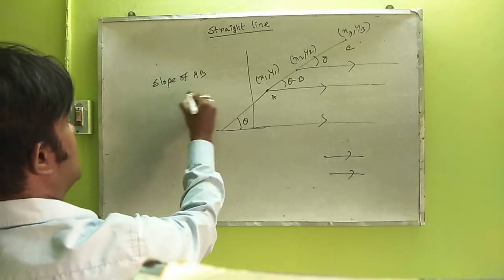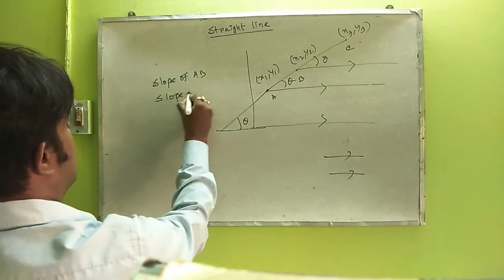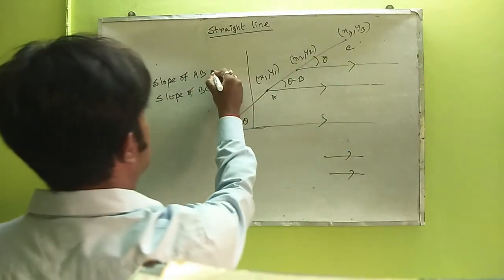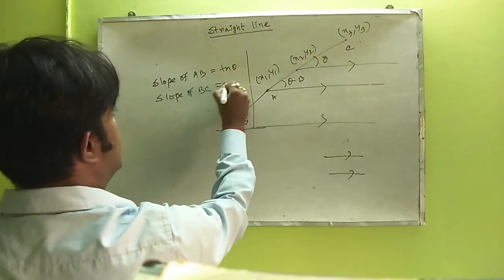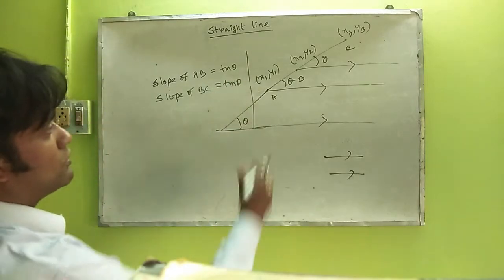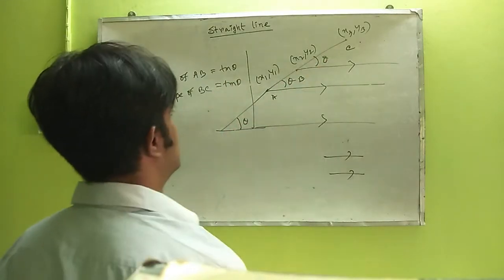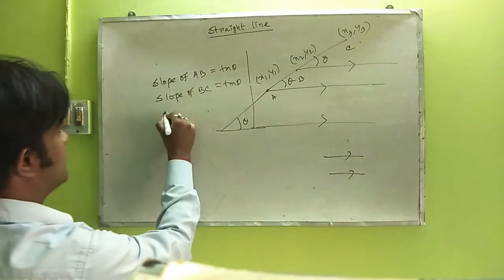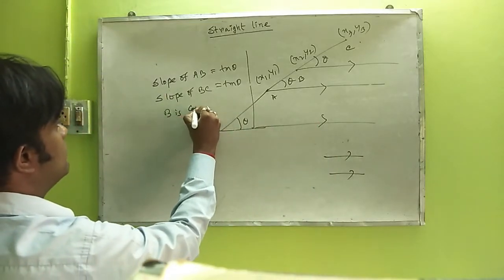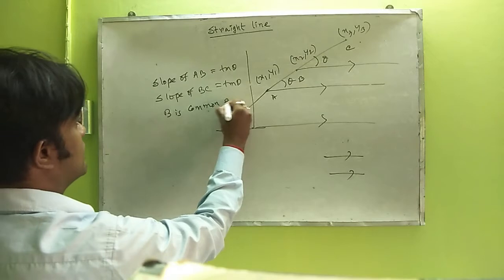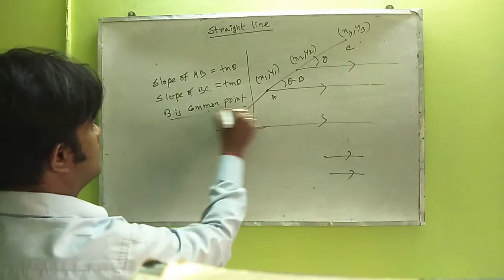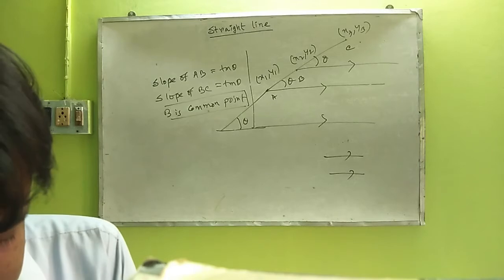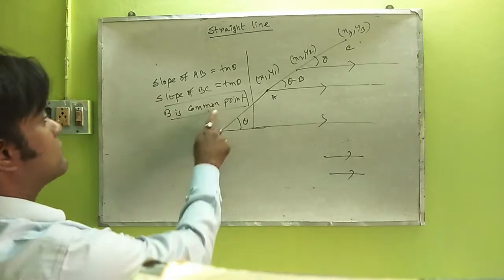So the slope of AB and slope of BC are both tan theta, with corresponding angle theta, so they will be equal. You have to mention that B is the common point. This line is very important, that B is a common point.